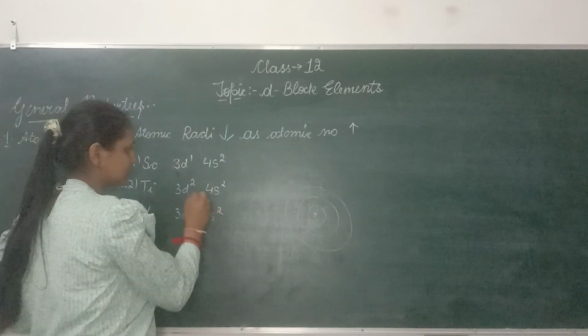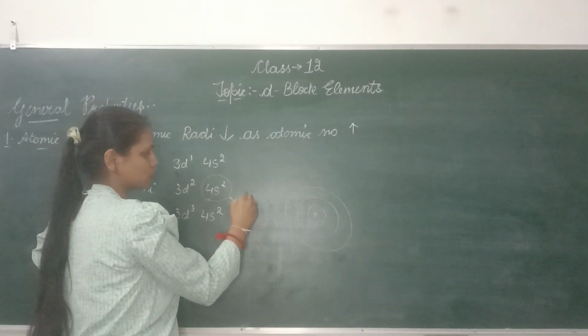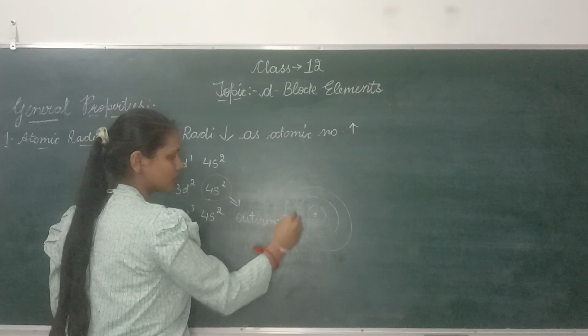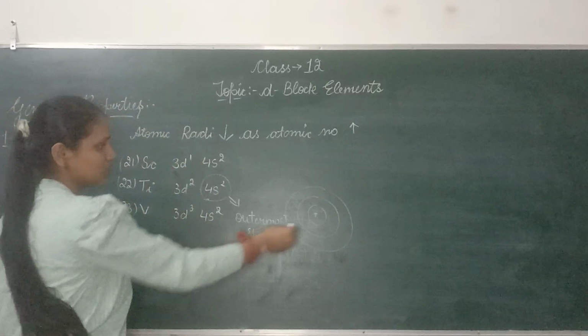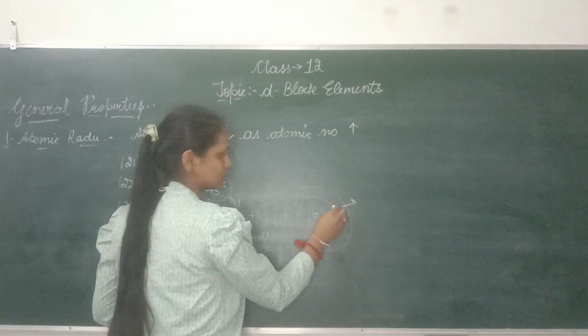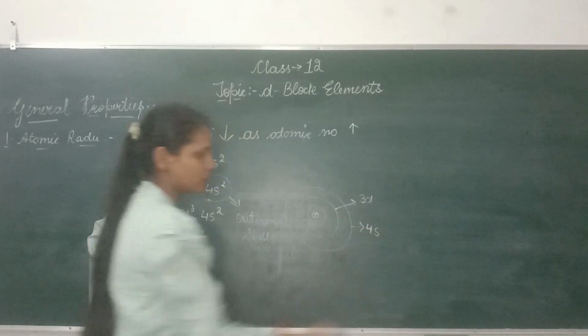The 4s is the outermost orbital, the outermost shell. So electrons are shielded from the inner nucleus. This is the 3d orbital and this is the 4s orbital.